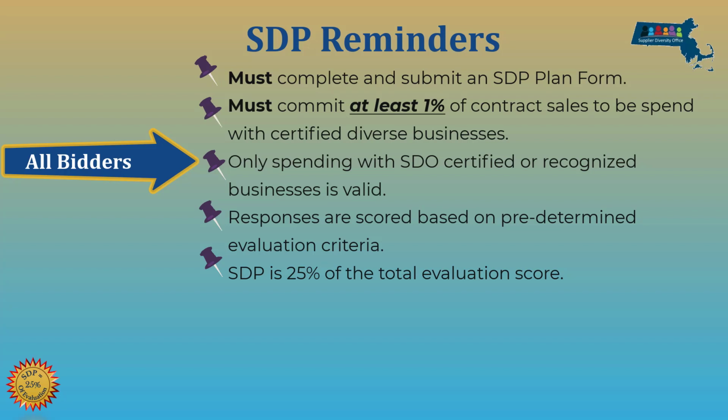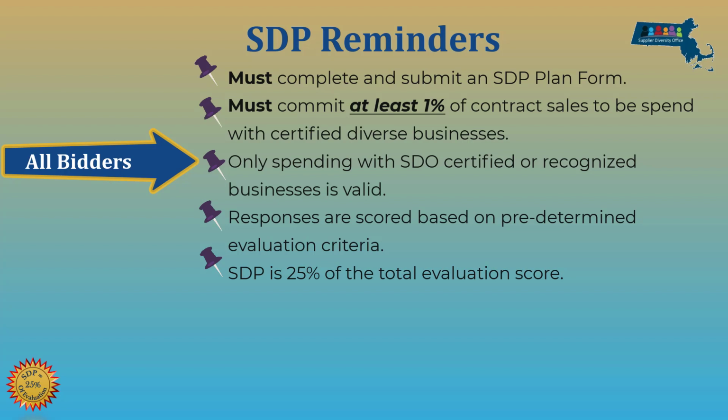However, keep in mind the higher percentage, the more evaluation points will be given. Every bidder's response will be scored based on a predetermined evaluation criteria, and the evaluation criteria will score at least 25% of total points to the SDP plan form. There are no exceptions to this policy.